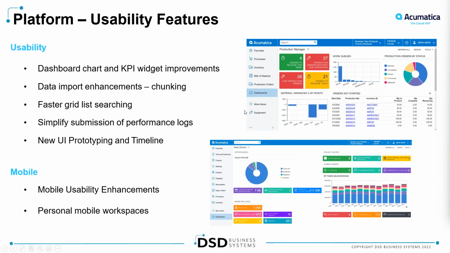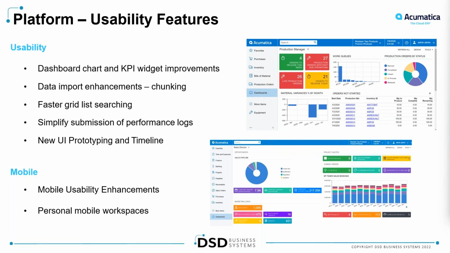And then lastly, within the technology and platform features, many of our dashboards and KPI widgets are getting enhanced. So we're getting some new tools, some new coloring, some new graphics, and just a simpler, cleaner approach to layering in the proper dashboards for us.